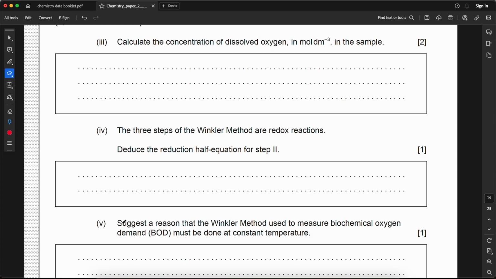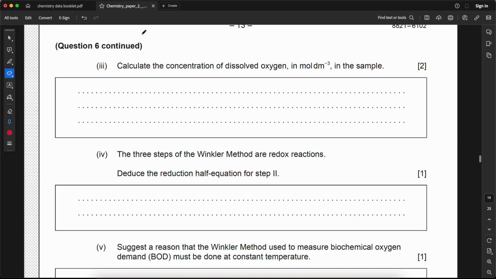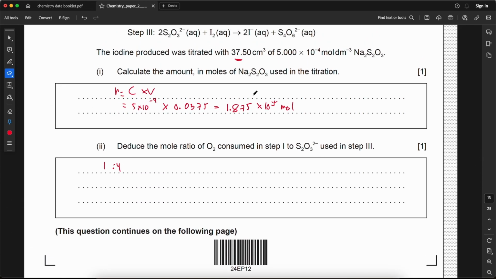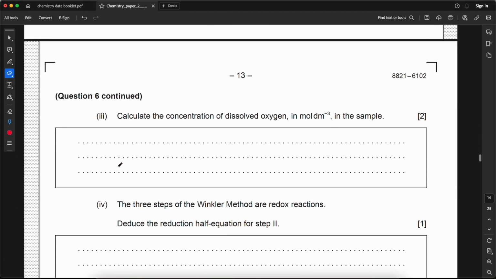Calculate the concentration of dissolved oxygen in mole per decimeter cube in this sample. We already found the mole of thiosulfate. And the ratio between oxygen and thiosulfate is 1:4. Therefore, the mole of oxygen will be 1/4 times the mole of sodium thiosulfate, which is 4.668 times 10 to the power -6.